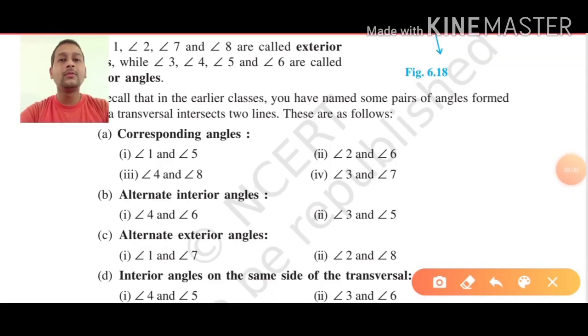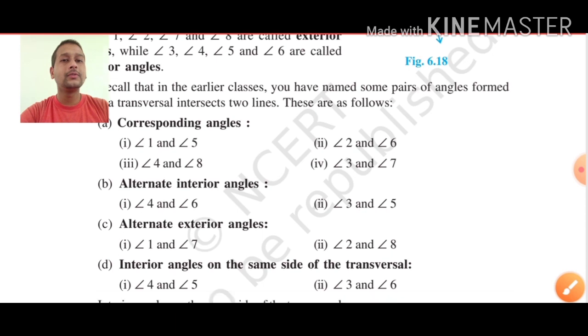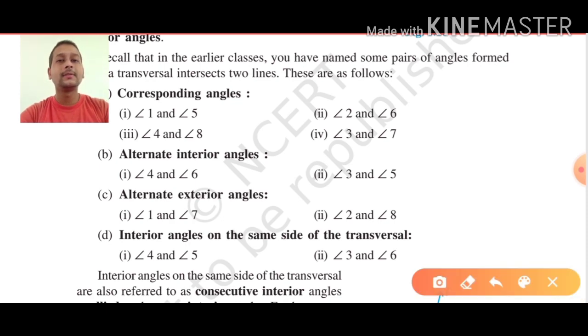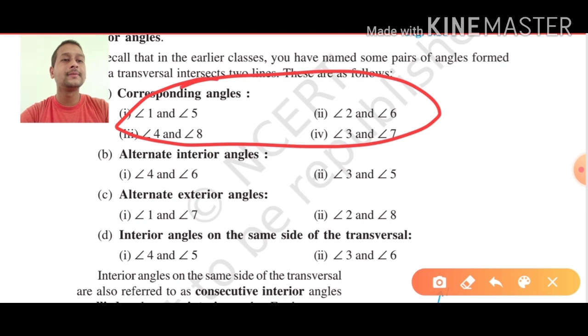So please go through the book, it is given there. Okay, please read those. They have given 1 and 5, 2 and 6, 4 and 8, 3 and 7 as corresponding angles. Okay, these are corresponding angles. Then these are the alternate interior angles.